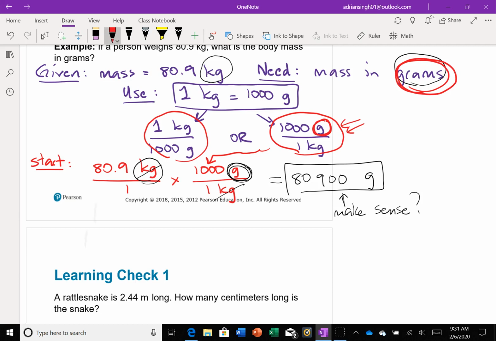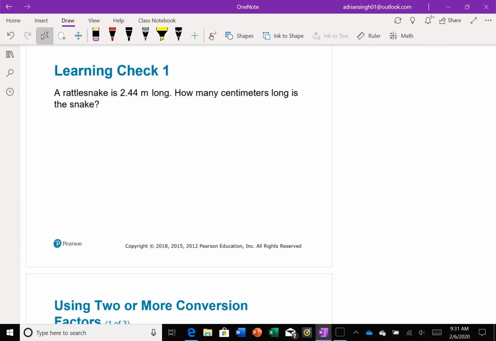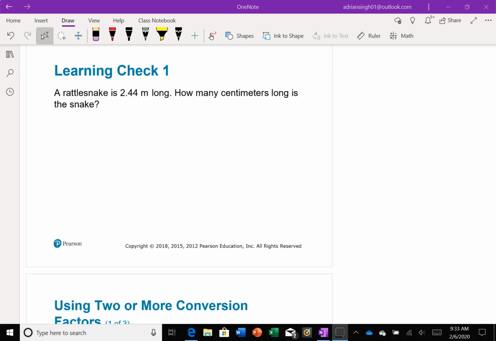Let's take a quick look at another example. So we're told a rattlesnake is 2.44 meters long. How many centimeters long is the rattlesnake? Our rattlesnake is 2.44 meters long. All right, and that's what's given to us. 2.44 meters.